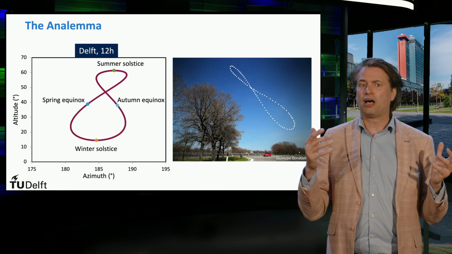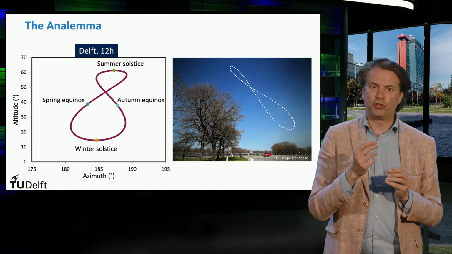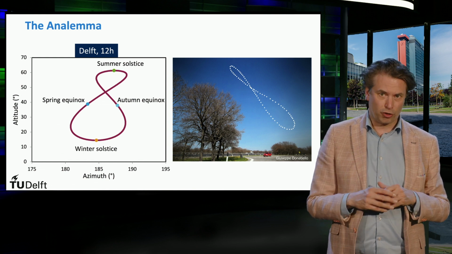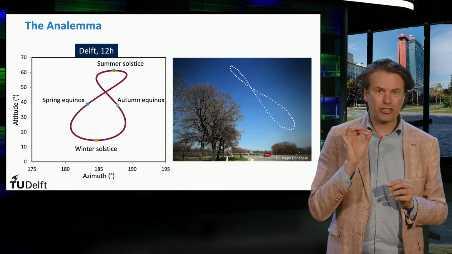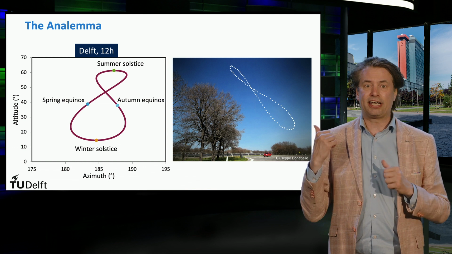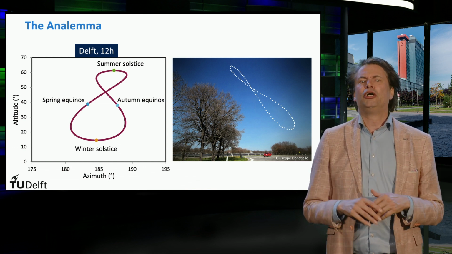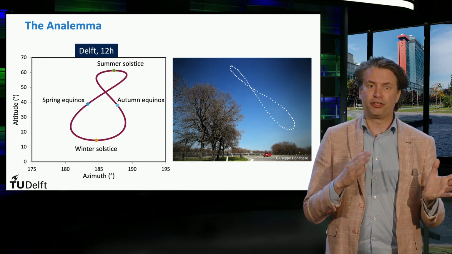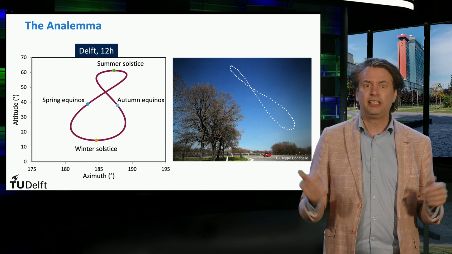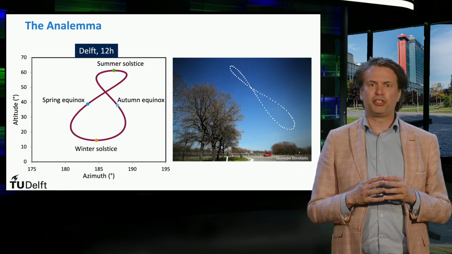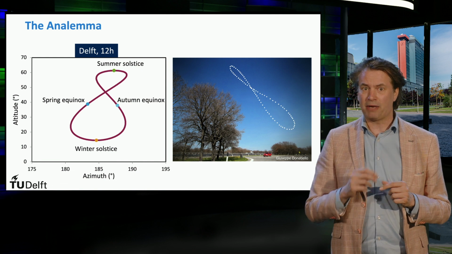The analemma is a diagram that indicates the position of the sun when observed at the same mean solar time every day, in this case noon. Indeed, due to the Earth's actual tilt and orbital eccentricity, the sun will not be in the same position in the sky at the same time every day.